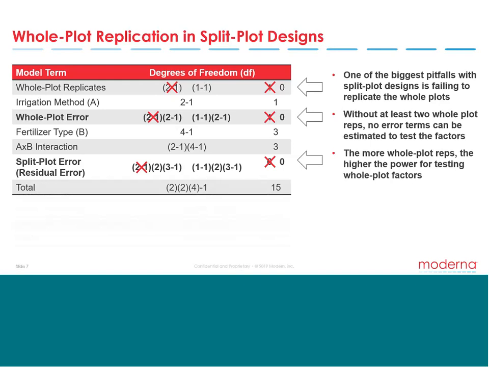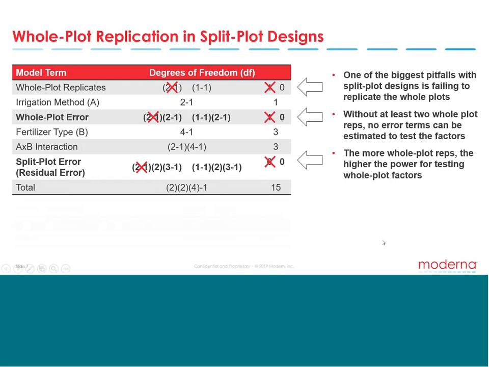One of the biggest things is that you really truly have to replicate those whole plots, because if you don't, then your degrees of freedom go to 0 for all of your error terms. And if that's the case, then you can't estimate your error and you won't be able to test any differences between your factors like irrigation and fertilizer type or your interaction.